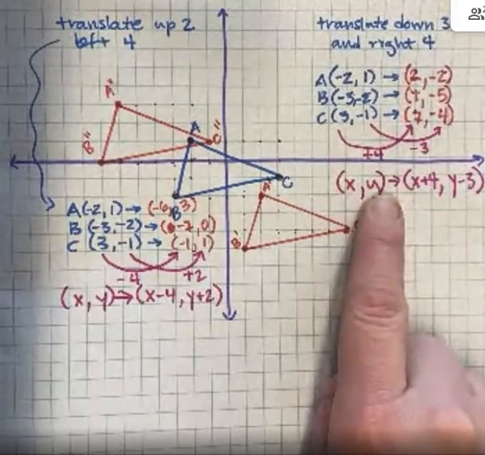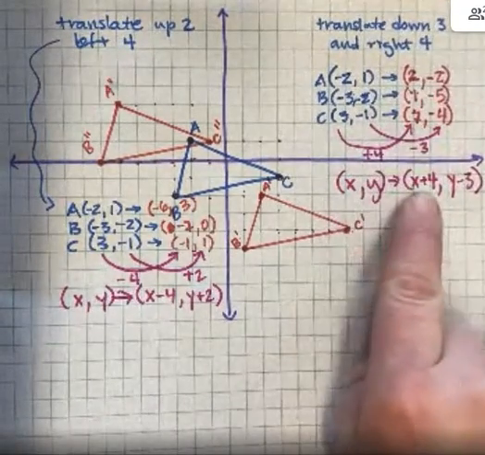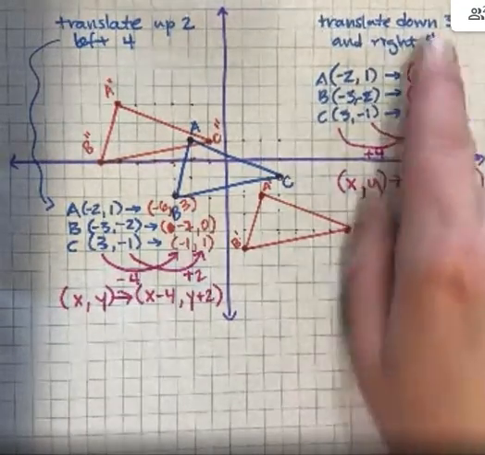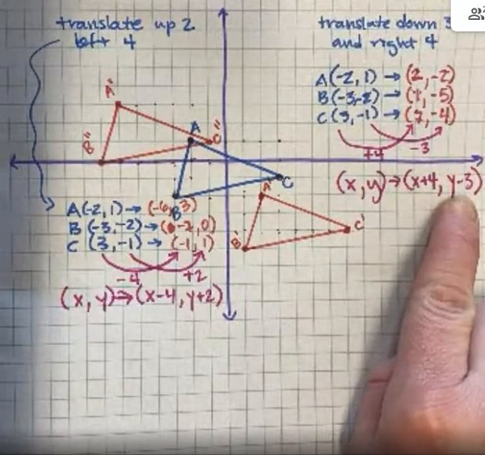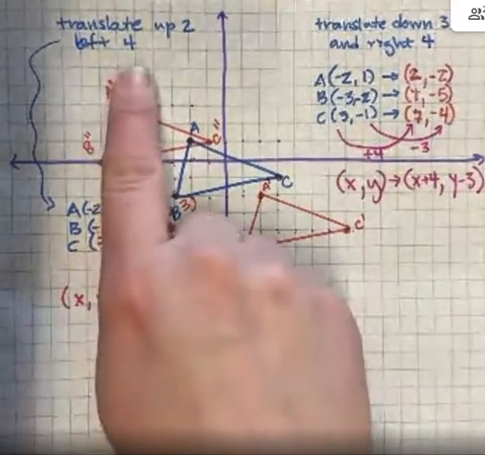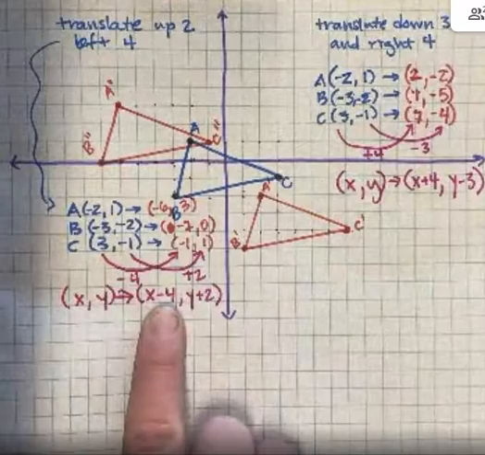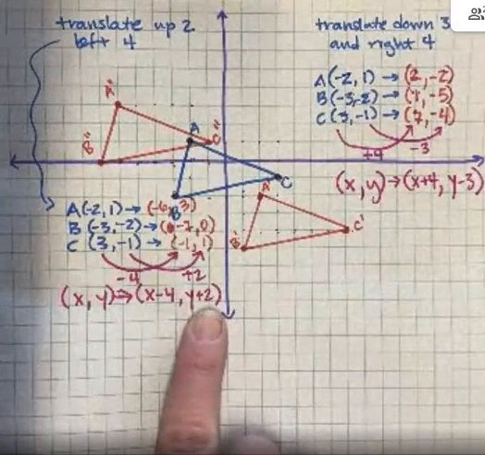So for x, y, to show that I'm going to the right 4, I add 4 to that x. To show that I'm going down 3, I subtract 3 from my y values. I can do the same thing here. To show that the x is moving to the left 4, I'm subtracting 4 units from that. For the y, to show that it's going up 2, I'm adding 2 units.